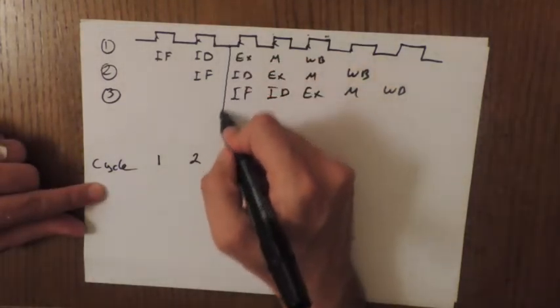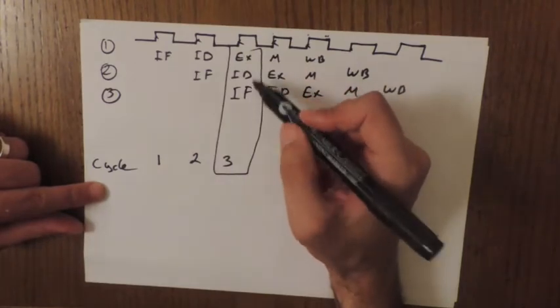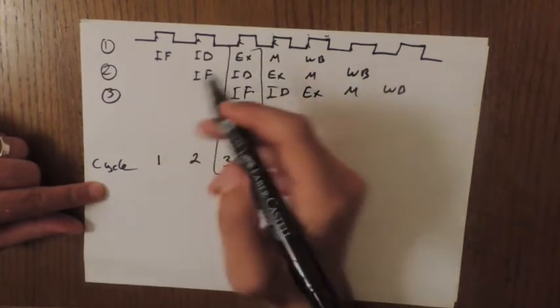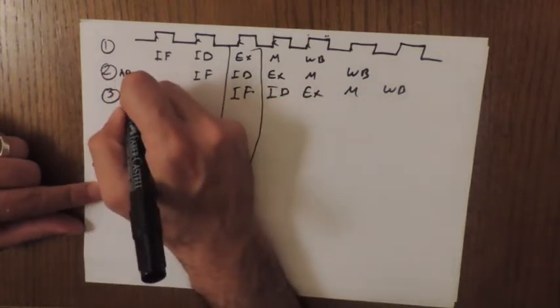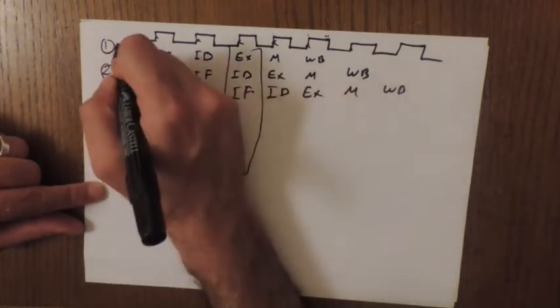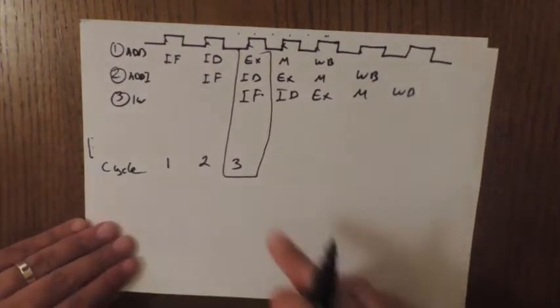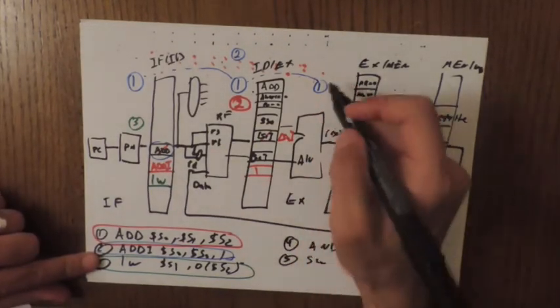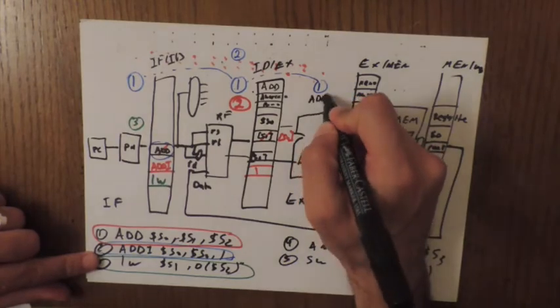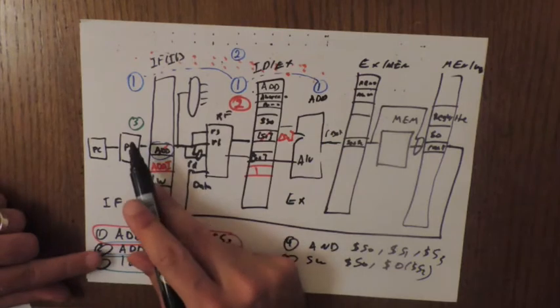So at cycle 3, what's in the pipeline? We have IF for instruction 3, which is the LW, ID for add I, and the add is being executed. So at this part in the pipeline, we have 3 instructions. The add is here, then add I is here, and LW is here.